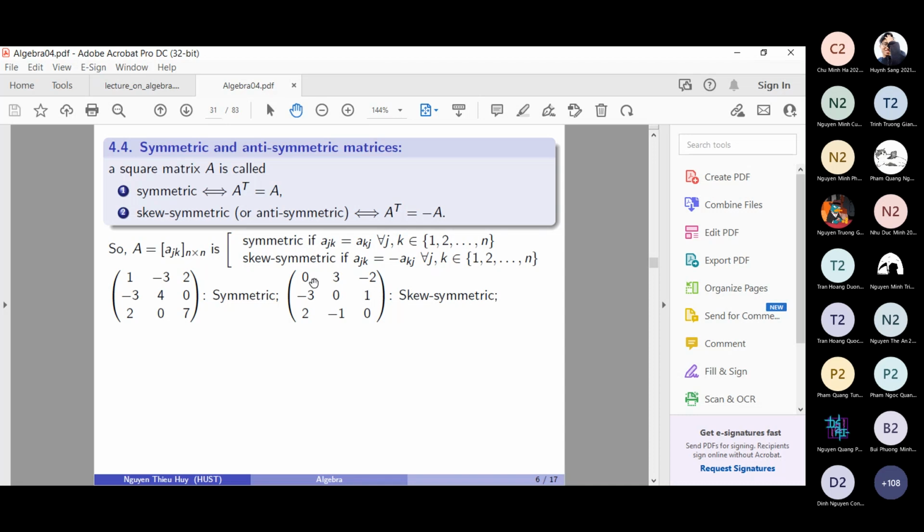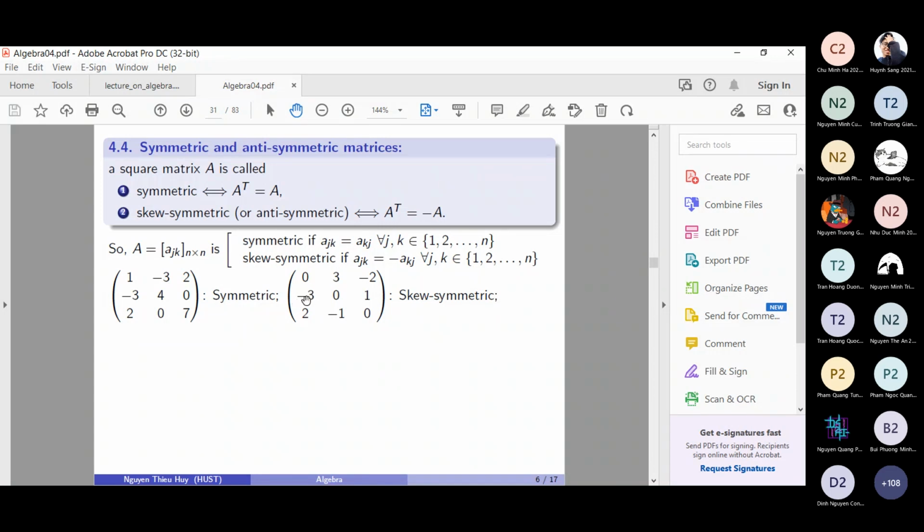So this is a skew symmetric matrix, and you see very clearly that all the entries on the main diagonal are 0, and two entries symmetric across this main diagonal are of course opposite each other.